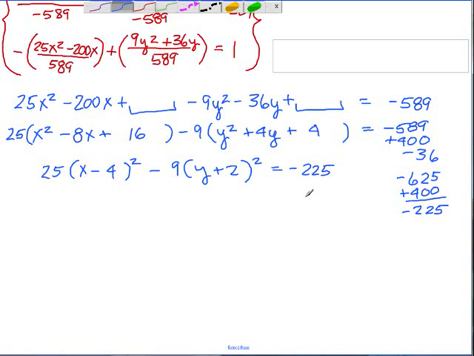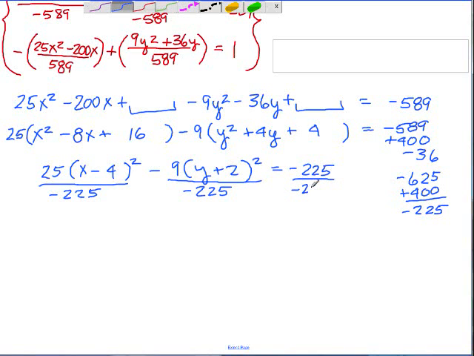All right, so we know what to do. We're going to divide everything through by a negative 225. Could we have completed from up here? The answer is yes. Would it have been unnecessarily complicated?